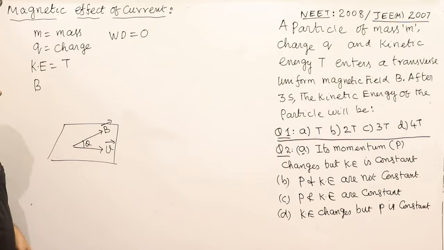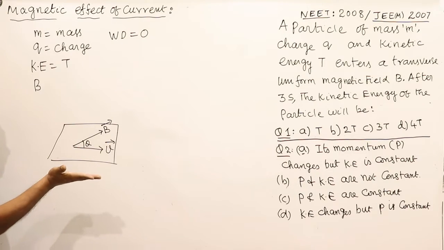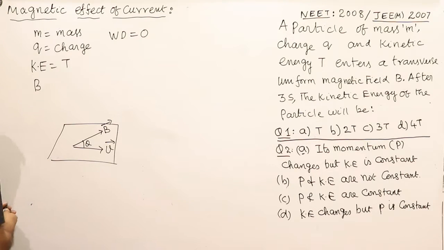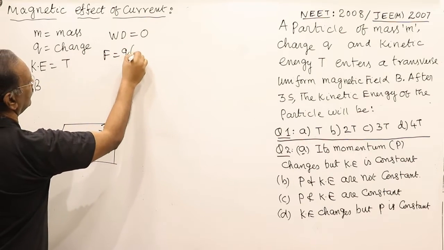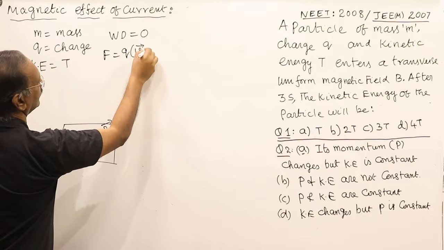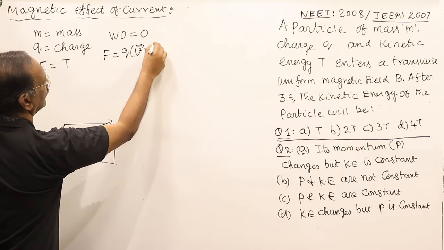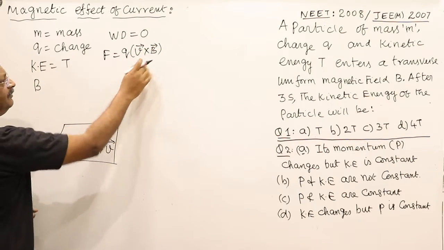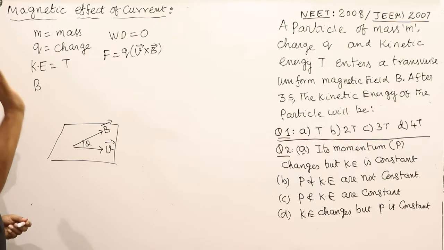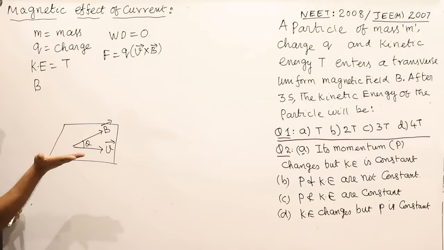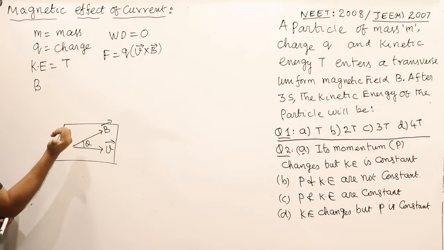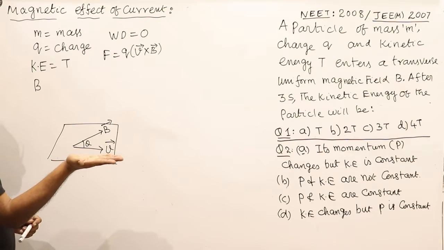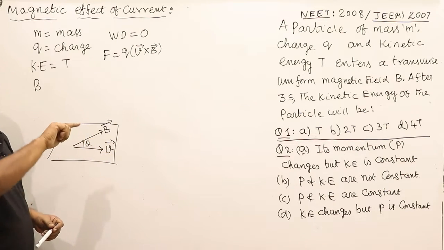The force is F equals q into V cross B. By the right hand palm rule, from V to B we move, and this gives the direction of the magnetic force.